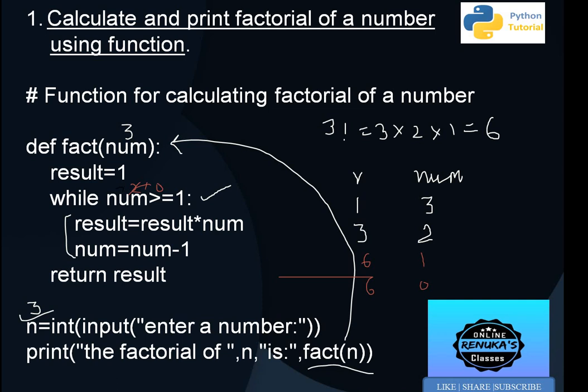So it will come to the next statement, which says return result. Now result is having 6, so it will return. The control will move back to the calling point, and the factorial of 3 is 6, that will be printed.